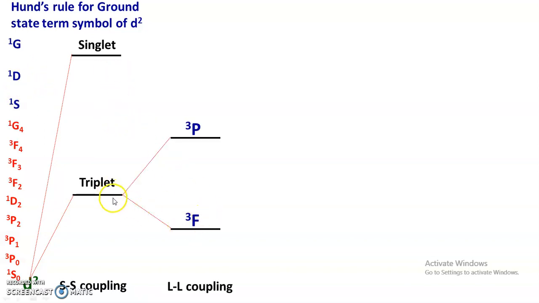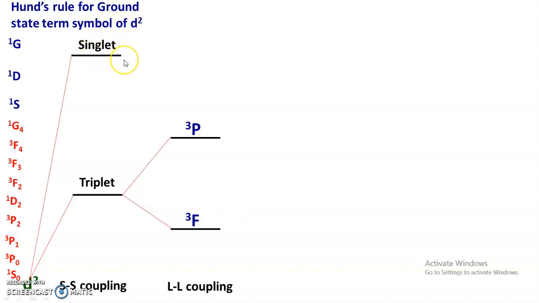So 3F will have lower energy and 3P will have higher energy, because for the F term the L value is more as compared to the L value of P. So this is about the LL coupling. Triplet and singlet arise as per SS coupling, and terms arise as per LL coupling.